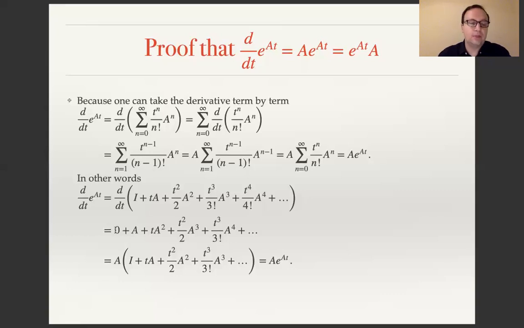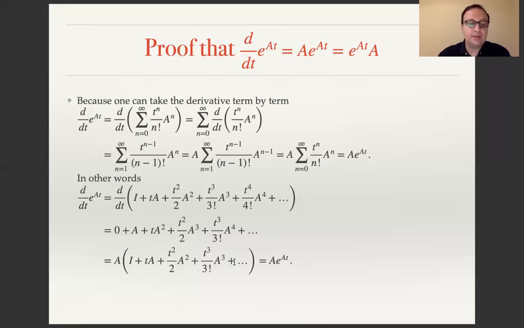So we see that we get a plus ta squared plus t squared over 2 a cubed plus t cubed over 3 factorial a to the 4th, etc. And after we factor a from all the terms, we get a times the identity plus ta plus t squared over 2 a squared plus etc. So a times every power is now lowered by 1.